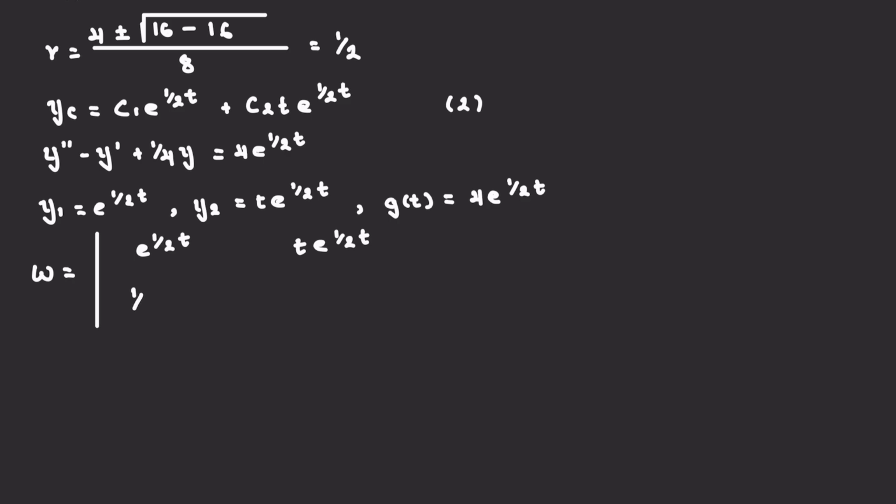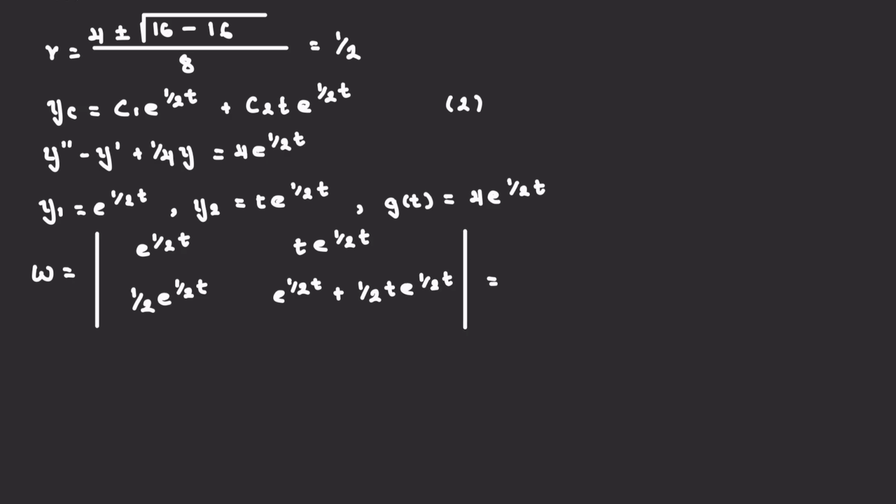Taking the first derivative is straightforward again. And for this one, we should take the derivative using the product rule because we have t and e to the 1 over 2t right there. And so taking the first derivative using the product rule will result in this form.